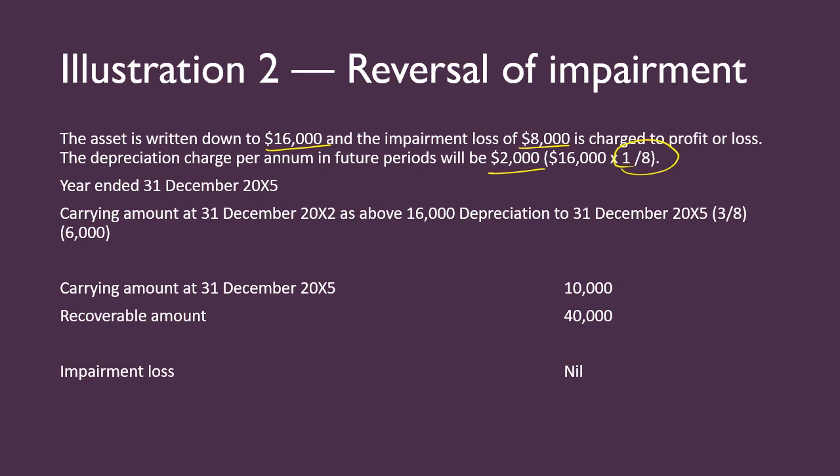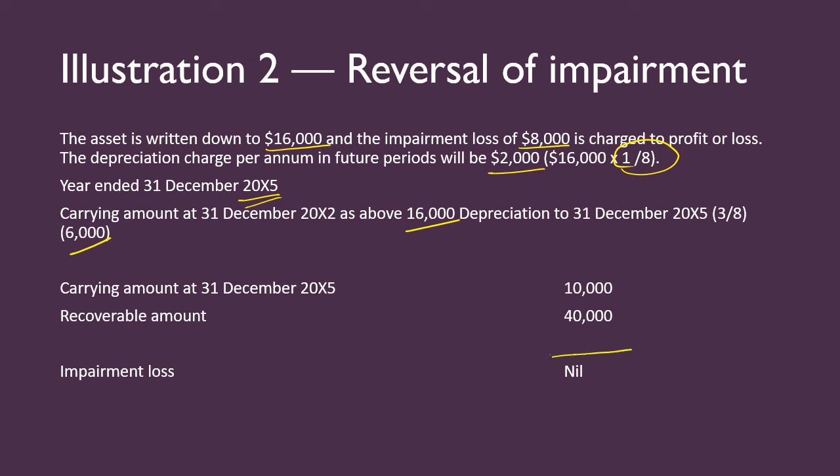Now come to the year end 2015. The carrying amount is 10,000, of course, because the depreciation is 6,000 for 3 years, so 16,000 minus 6,000 is 10,000. The recoverable amount is 40,000.